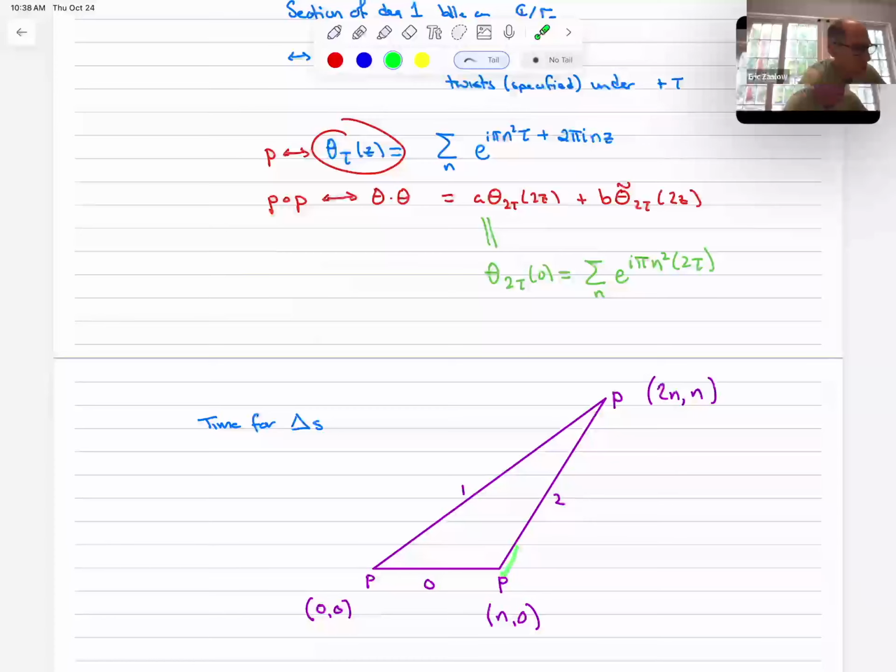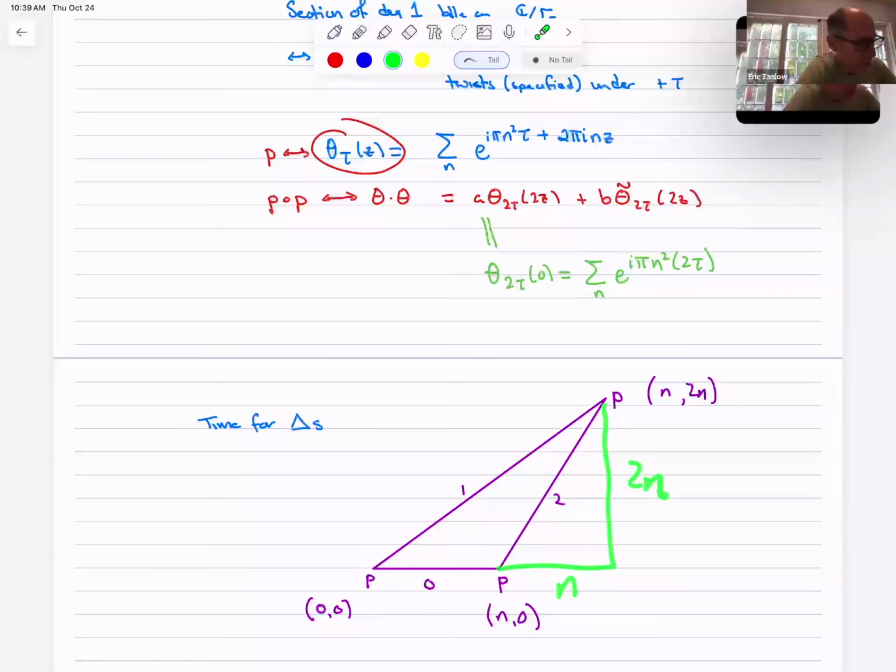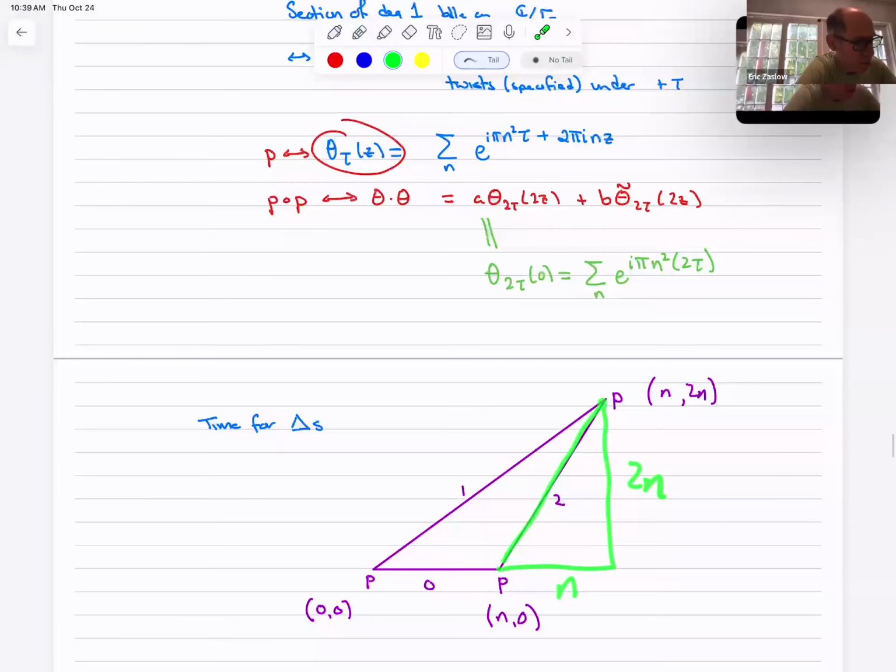Because then I add, wait, no. Sorry. I'm doubting myself. I was right. But it's good to check. So what am I doing? If I add n this way, this has to be 2n. I should have made my pictures more to scale. And that means that that's slope 2.